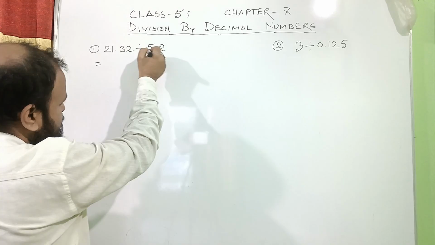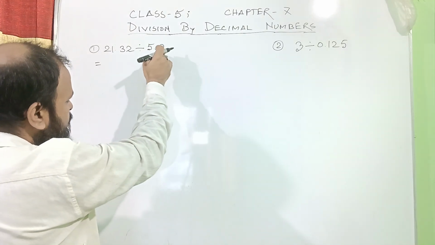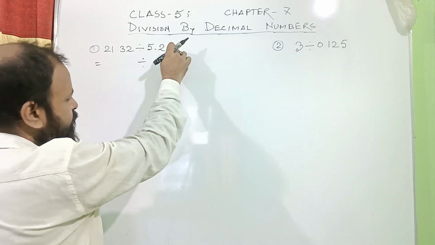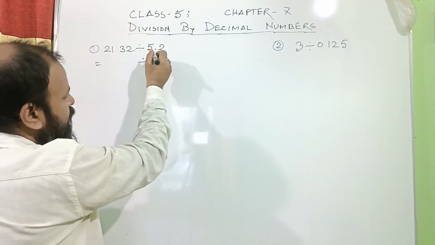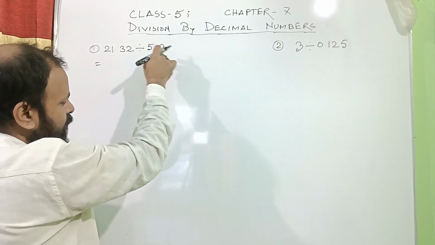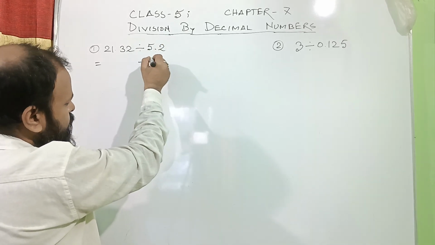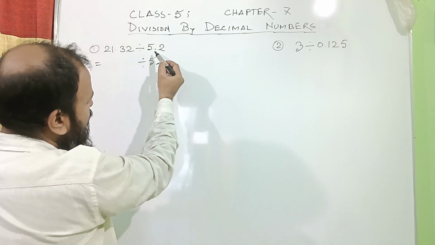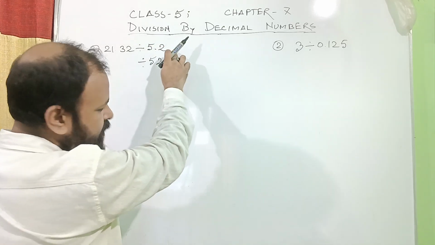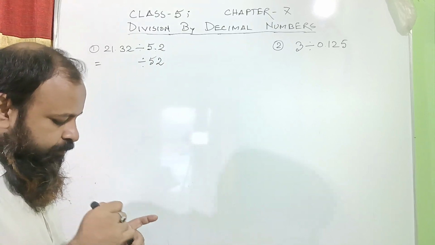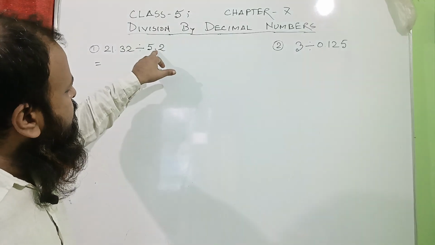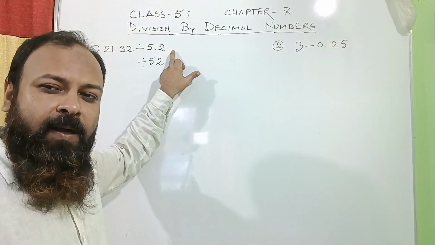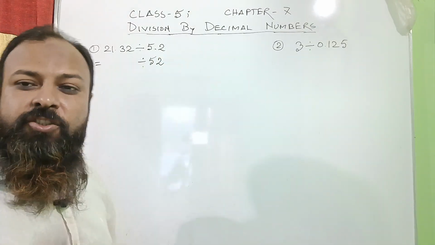Here we can see this is the divisor, and we have to bring this decimal point to the right side of the number. If it is so, the number will become an integer, 52. We have taken this decimal point to the rightmost part of this number. To do that, we have to cross a single digit.